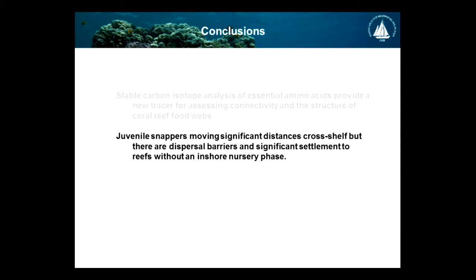In terms of the snappers, we do get certainly plenty of fish that are making 20 to 30 to 35 kilometer movements across the shelf from nearshore habitats out to these mid and outer shelf reefs. And so that blue highway for those individuals is certainly very important.